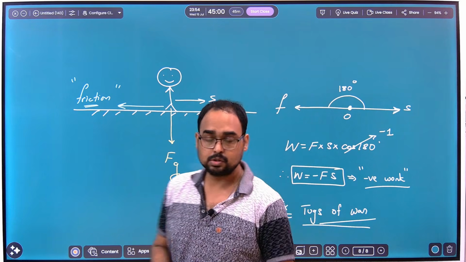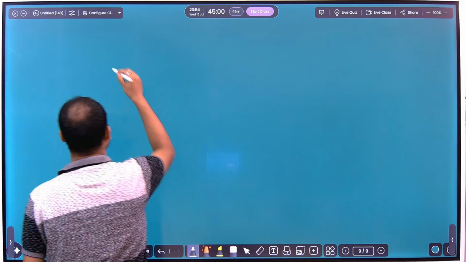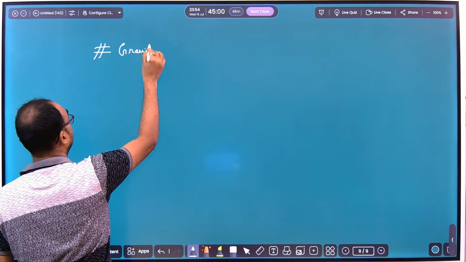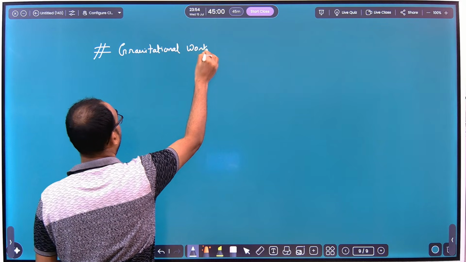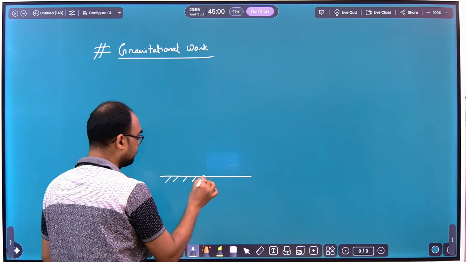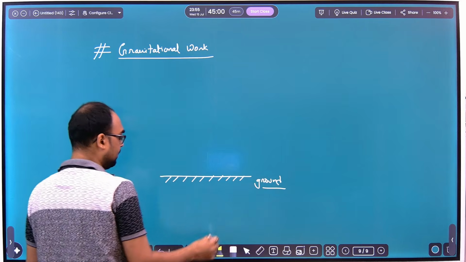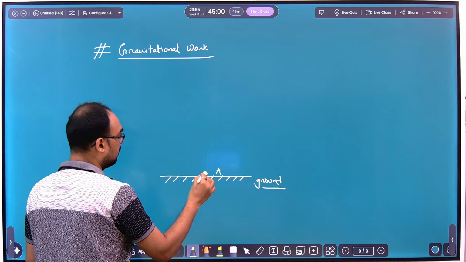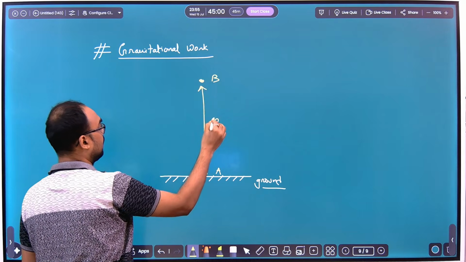Okay. Now, let's move to the next point, that is gravitational work. Let's say this is the ground and you take an object from the ground position to a certain height h.